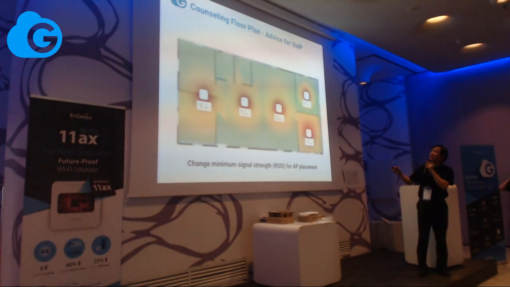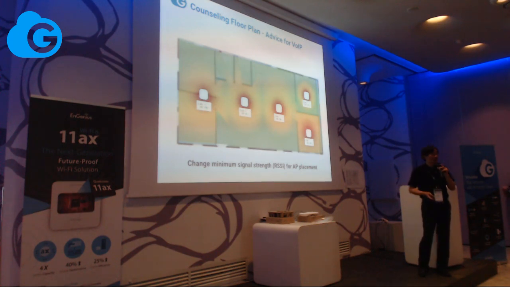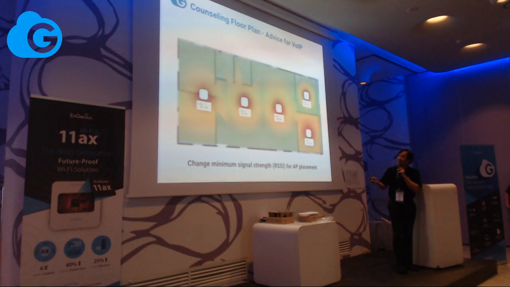Again, we can advise you that under this VoIP environment, you need to have 5 APs, and put them like this and use different channels, to see if you want to change or not. I believe most of you are familiar with our Wi-Fi planner, the easy Wi-Fi planner. Actually, we leverage that technology into this cloud, and I believe lots of cloud vendors out there cannot do this, because they don't own this technology.